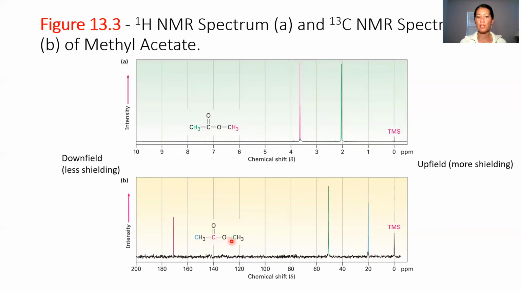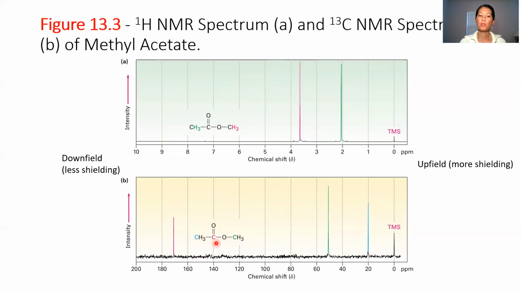Here, if I look at the molecule, I have three different types of carbon: this methyl attached to a carbonyl group, a carbonyl carbon, doubly bonded to an oxygen and even attached to an O, and then this carbon just attached to an O.